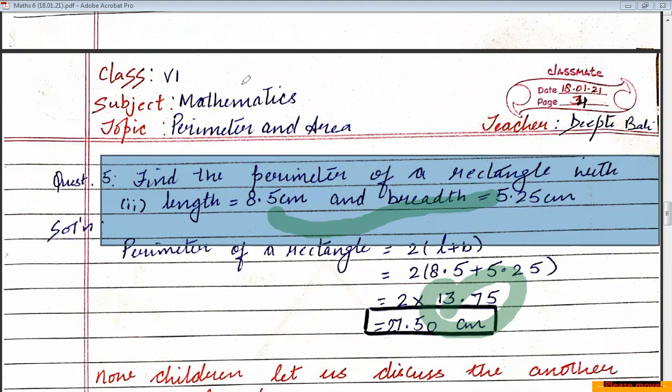After multiplying with 2, you will get 27.50 centimeter. So now children, you can say that the perimeter of the given rectangle is 27.50. Now children, I hope you are clear with the perimeter.